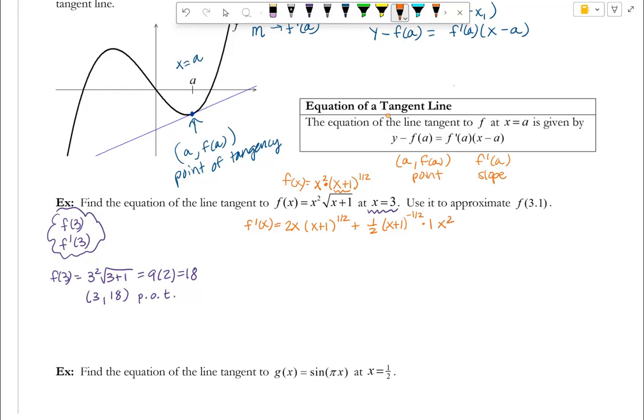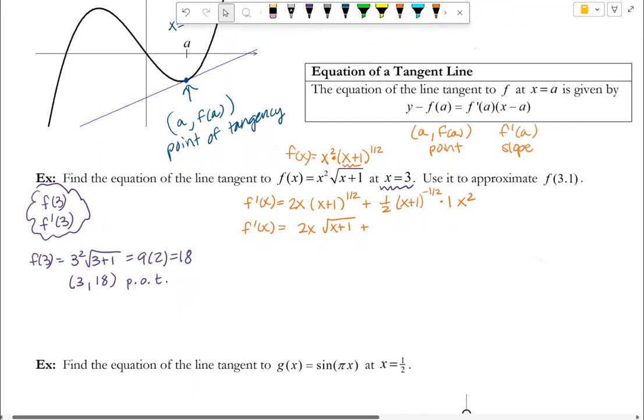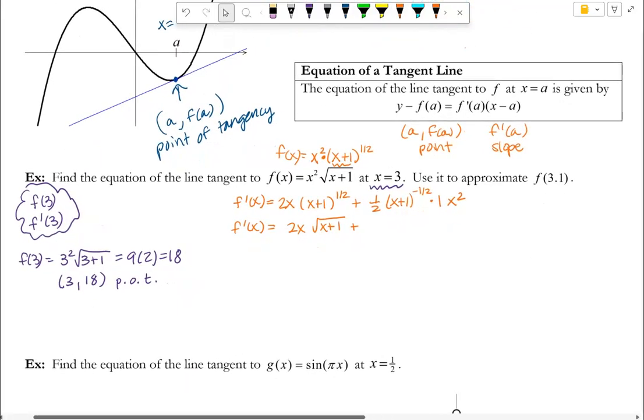We don't have to clean this up all the way, but we want to clean this up so that it's easier for us to work with. So if I try to clean up this derivative, I might think of this as 2x times the square root of x plus 1, plus, I definitely want to personally get rid of that negative exponent for my own wellness, so plus x squared on top over 2 times the square root of x plus 1.